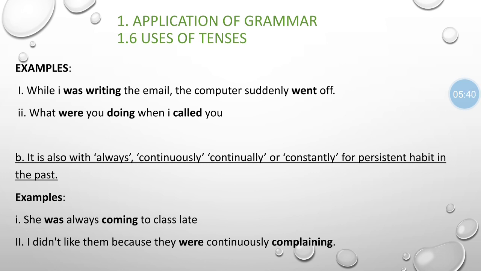Okay, what were you doing when I called you? Means were doing, the continuous action is there when I called you. Okay, called, that is a simple past verb in the second form. In this way, simple past tense is used in the middle of the longer action of continuous tense.